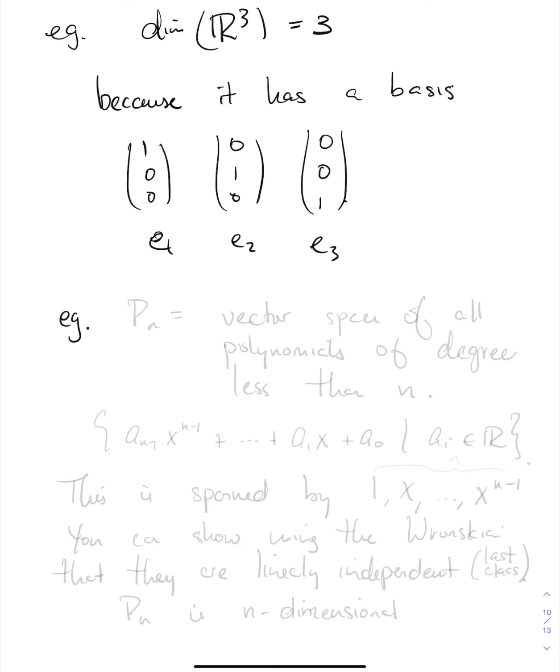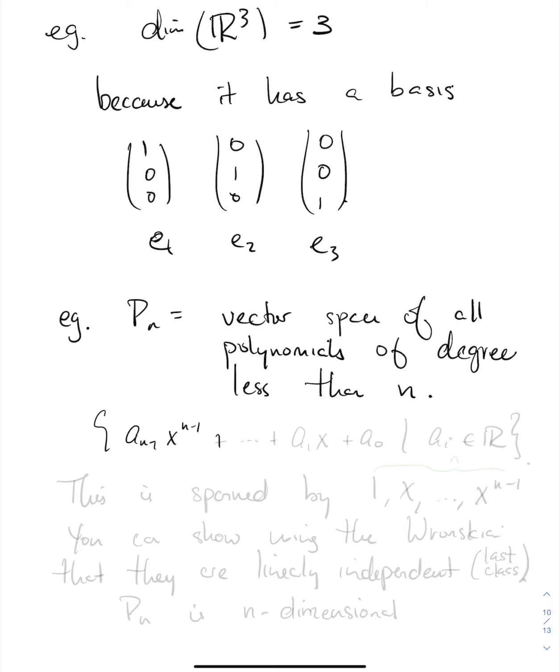Example. Remember this vector space? This is the vector space of all polynomials of degree less than n. So the elements look like this, where these coefficients are real numbers.